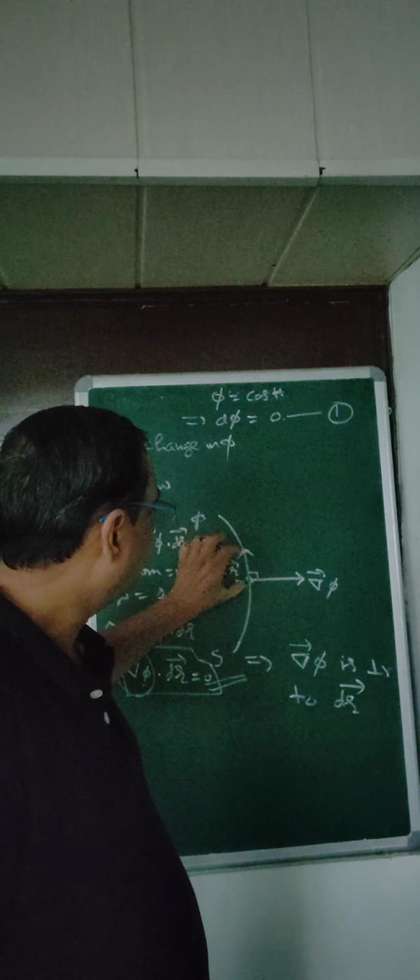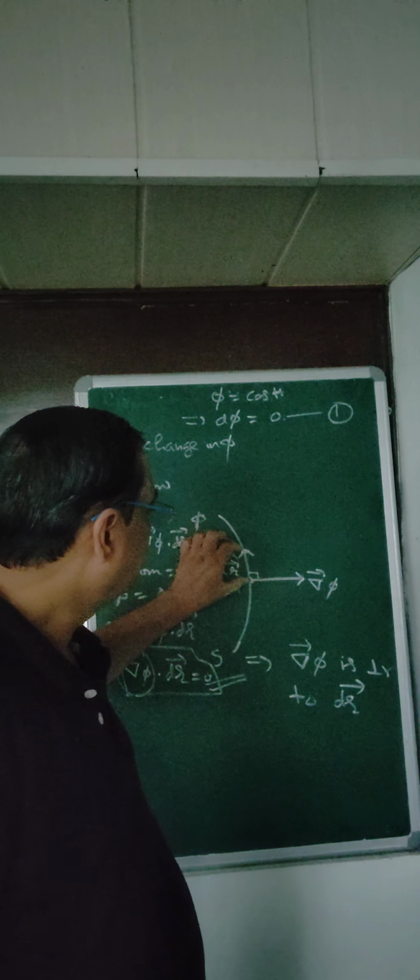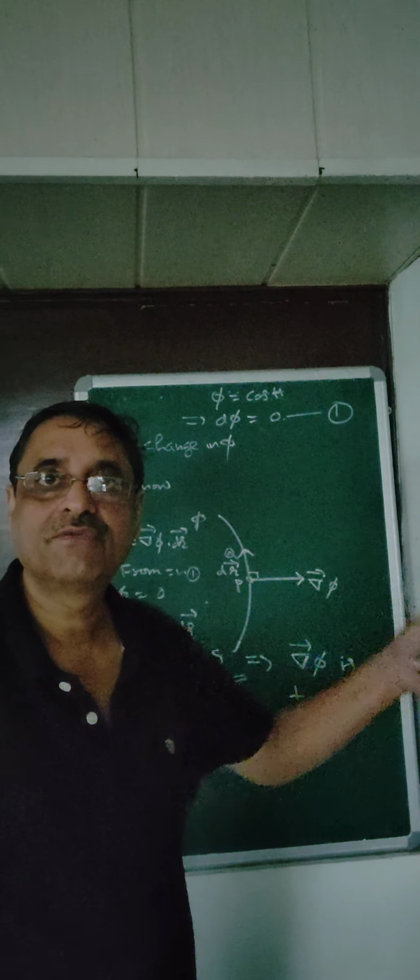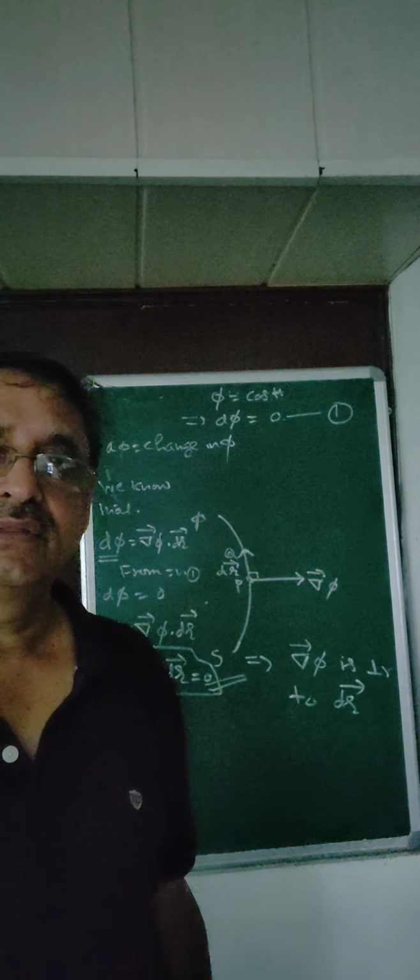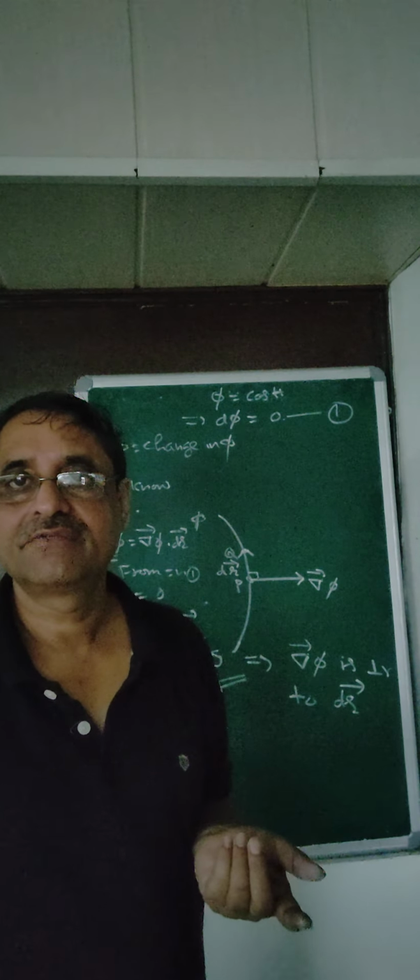So geometrically you can draw in this manner. This is a level surface, and this is a vector pointing from P to Q. This is dr, a small distance, and del phi कहाँ point out करेगा? Geometrically it will always be perpendicular to the dr vector, which is lying on this level surface, where the level surface represents that phi is constant on it. So this is the geometrical meaning of gradient of a scalar function.